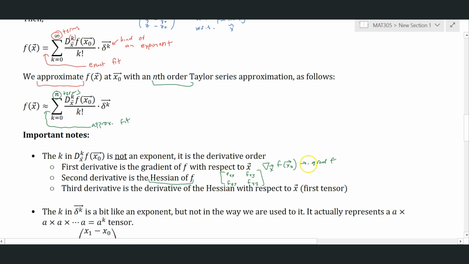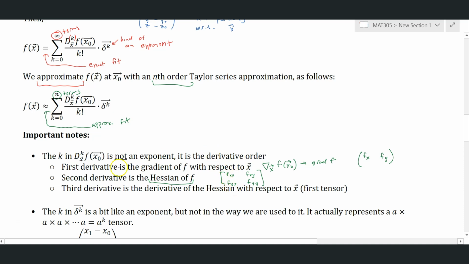So notice, if you have only two variables x and y, that's what I'm implying here, just for simplicity, then this will just have fx and fy in it along the rows.